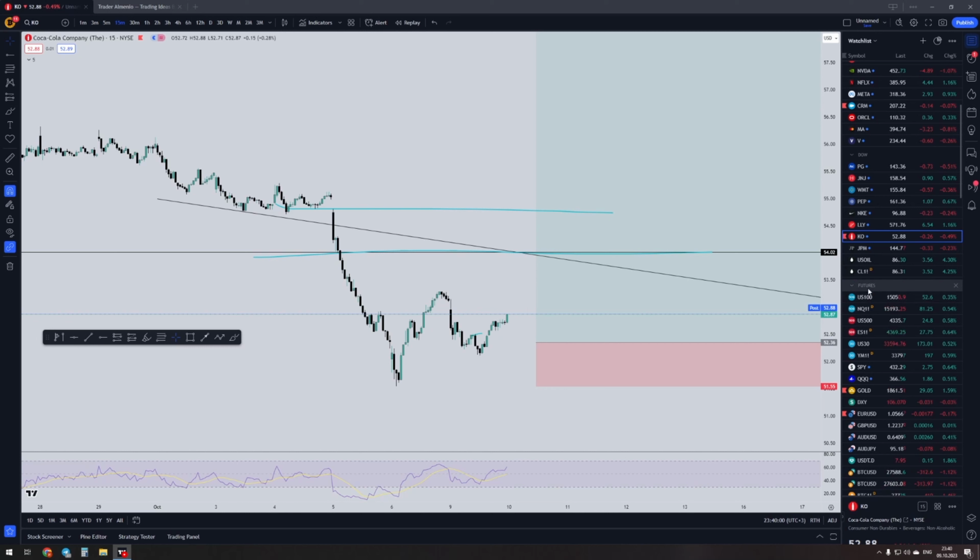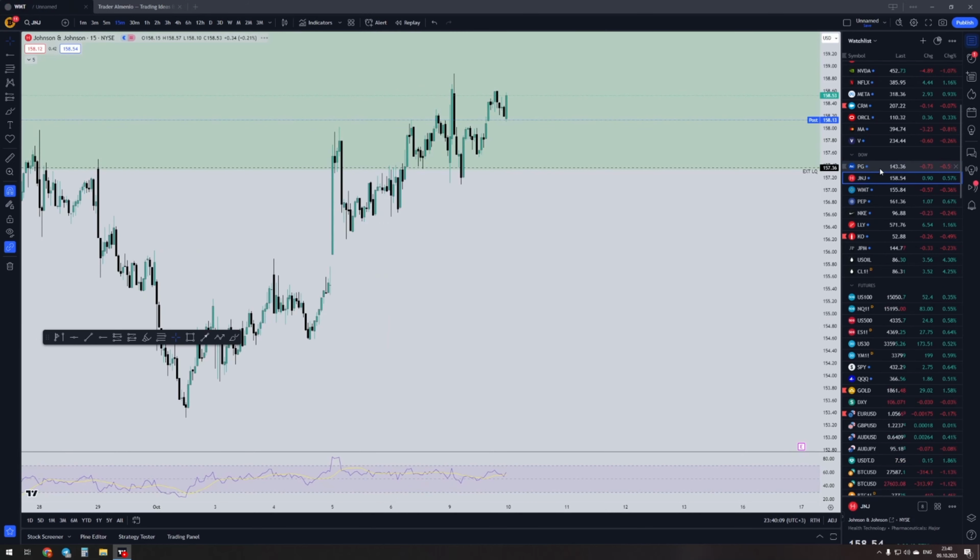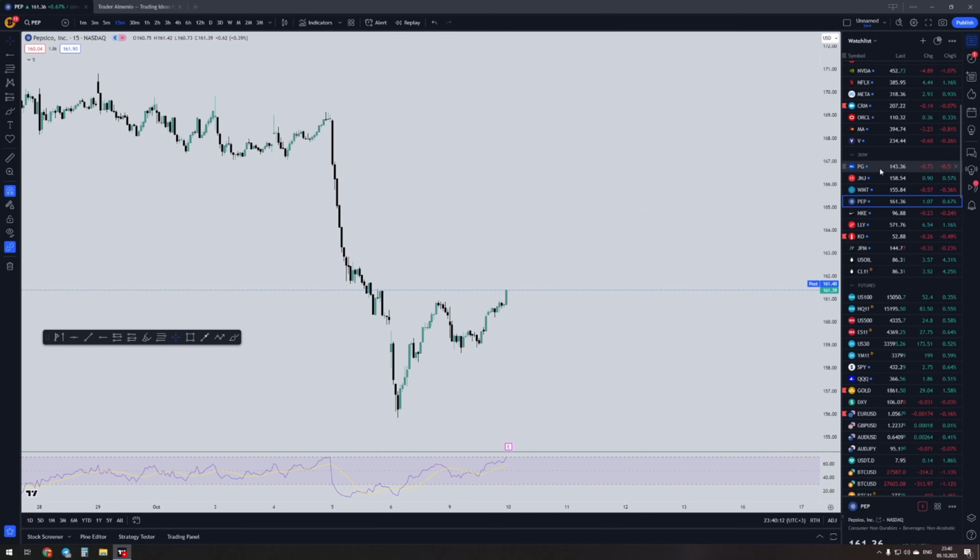So let's say you're working with 10 instruments. Instead of going from one to one all the time, you can just set an alert, and when price comes to your point of interest, the specific zone that you've been waiting for, you don't need to look back and forth.